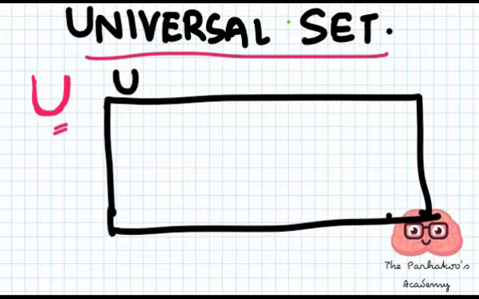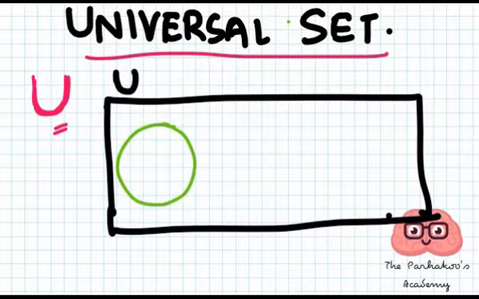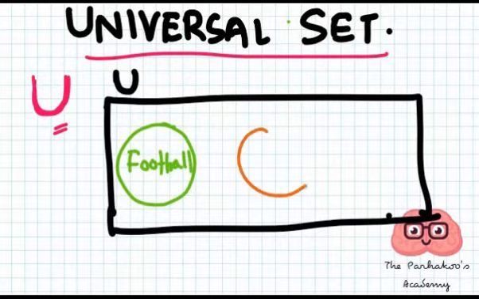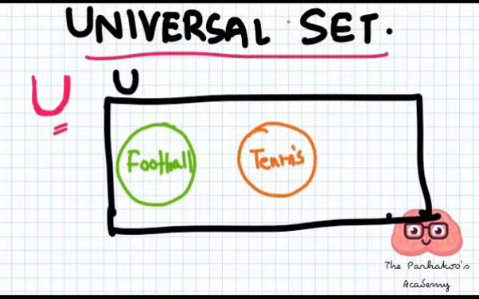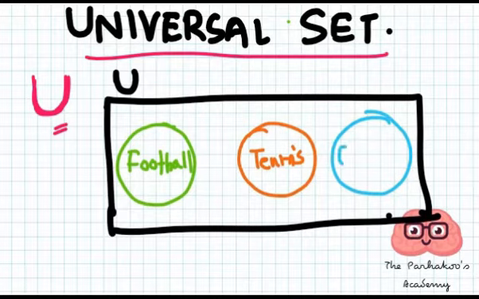Within that we have students playing football, students playing tennis, and students playing cricket. So this is how the Venn diagram looks. Remember that the universal set is always represented graphically by a rectangle.